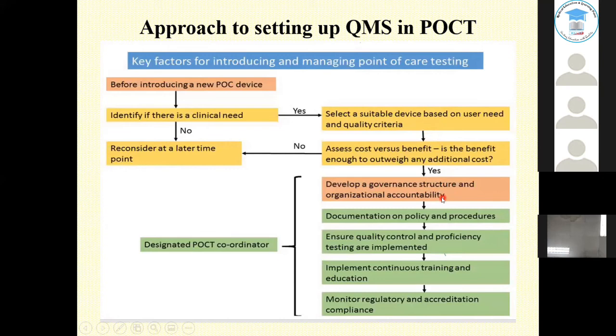So you should actually set up a POC committee, which should have your laboratory director, a laboratory POC coordinator, quality manager, then the supervisors of the units using POCs, then your purchase officer, your medical superintendent, and the like. So you have a comprehensive discussion about what are the needs of POCs and what is the way forward to optimize the quality process.